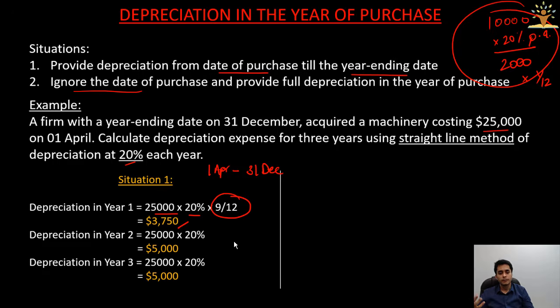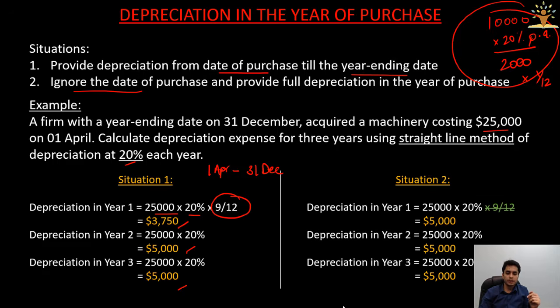It is not applicable for second and third and fourth year onwards, because it's only in the first year that the asset can be used for a part of the year. Every year you can't use it for part of the year. From second year onwards, you always use it for the full year. So from second year onwards, you don't need to do any calculations for time. Directly cost into rate, so that gives you 5,000 for year 2 and year 3.